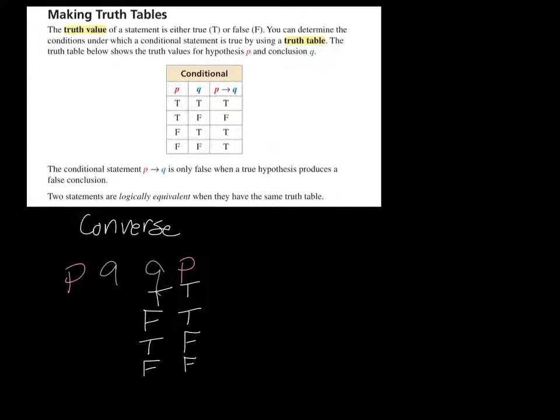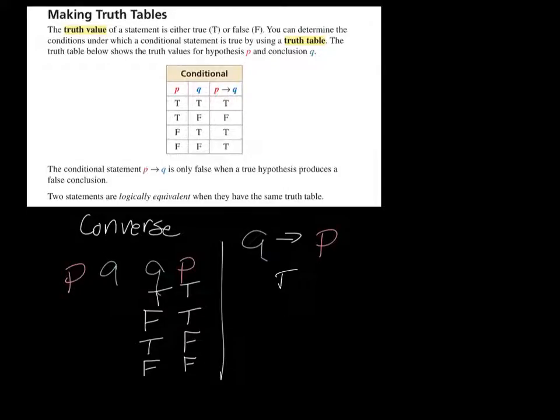So if I do a Q implies P table here, here's what it will look like for my truth table. True and true gives true.